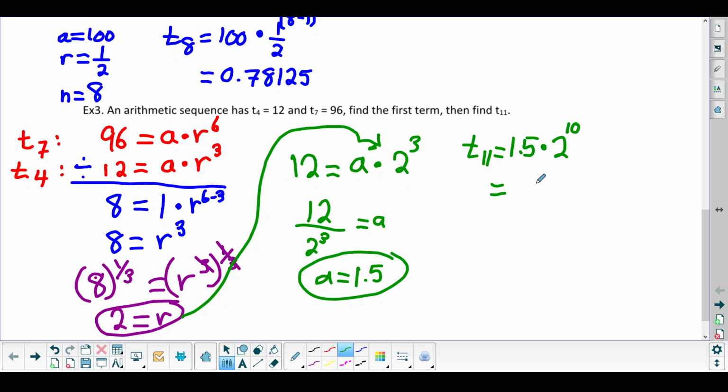I would use your calculator for this one. Be careful plugging it in. Make sure it's not going to do bad math for you. 2 to the power of 10 first, times 1.5, and we get 1,536. All right. That is it for geometric sequences.